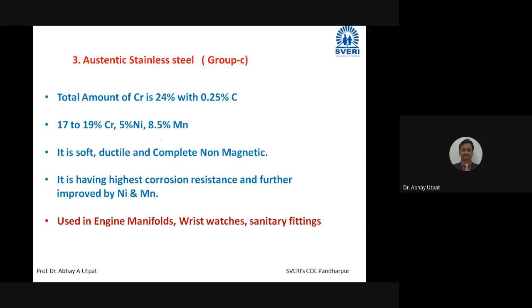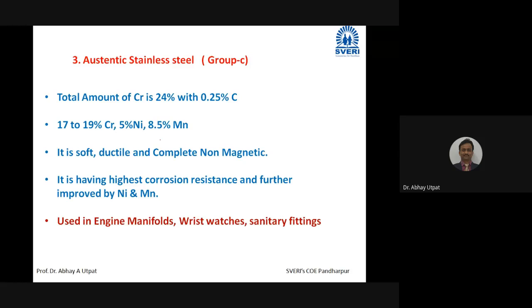Where these steels are used: engine manifolds, where we don't want to take any risk of corrosion; wristwatches; sanitary fittings. If you check your good quality metallic wristwatch, nowadays plastic watches are there, but if you see a metallic wristwatch, at the back side you will see stainless steel, and the inner parts are also made of this austenitic stainless steel.